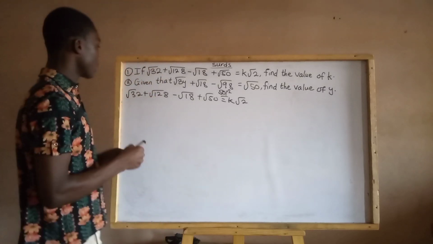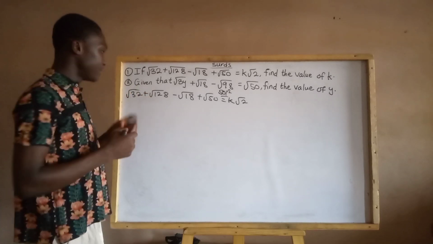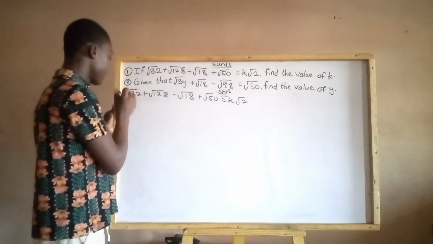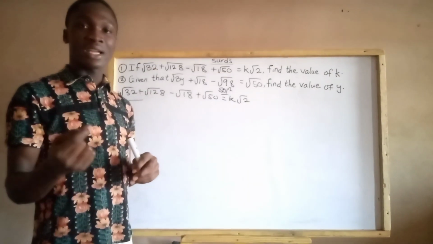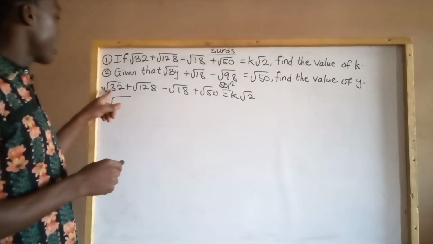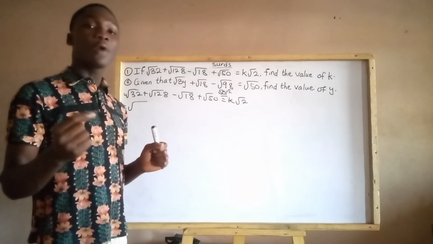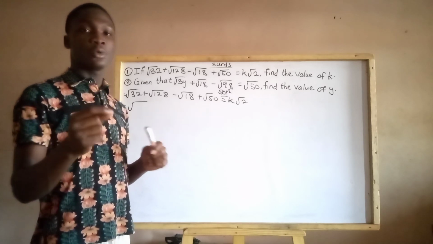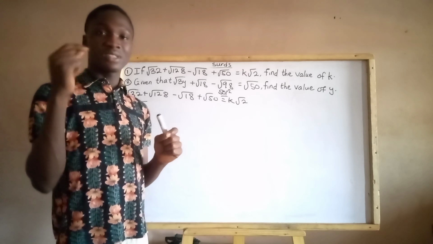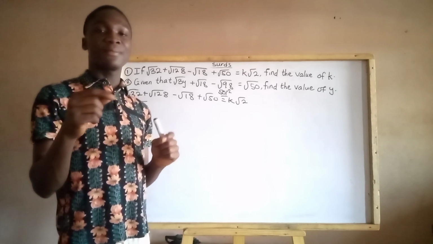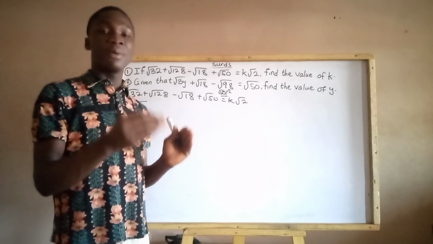So now let's go. We have root of 32. How can you simplify this? You have to get a perfect square which multiplies a given number to get the number in the root, which is 32. So this one, the perfect square is 16, and the reason why 16 is a perfect square is because a given number multiplies itself to give 16, and that number is 4. 4 times 4 gives 16, so it means that 16 is a perfect square.